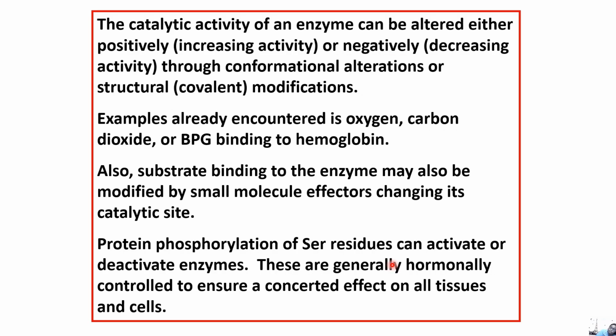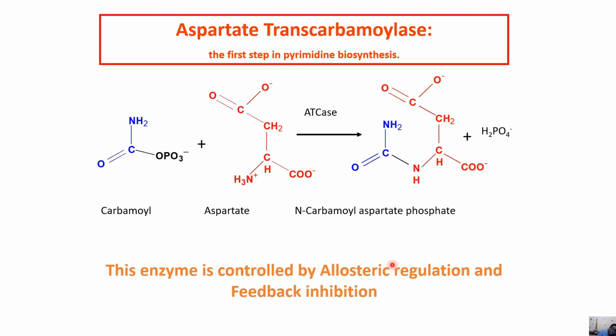The catalytic activity of an enzyme can be altered either positively or negatively through conformational alterations or structural modifications. Substrate binding to the enzyme may also be modified by small molecule effectors changing its catalytic site. Protein phosphorylation of serine residues can activate or deactivate enzymes. These are generally hormonally controlled to ensure a concerted effect on all tissues and cells.